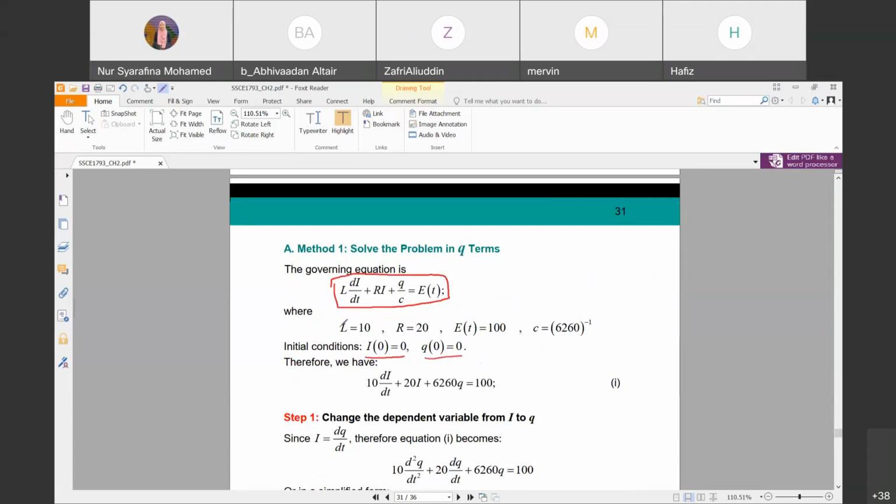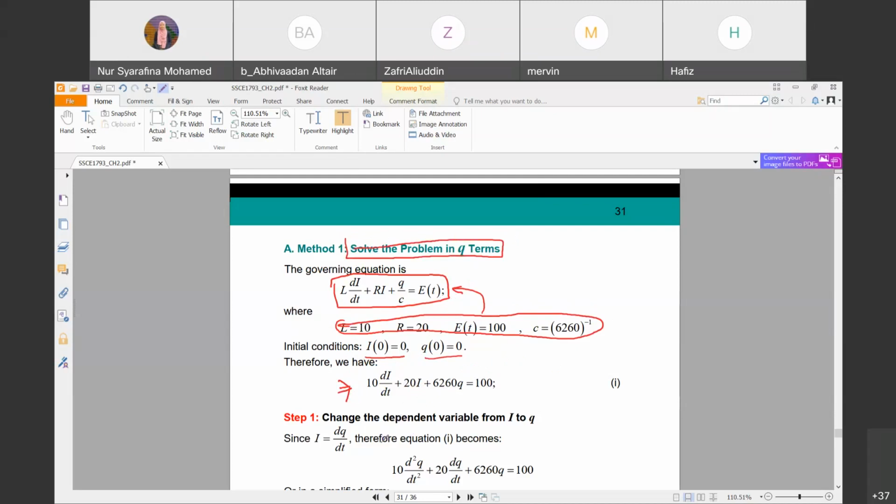Substituting all the information into the governing equation gives 10 dI/dt plus 20I plus 6260Q equals 100. Now we want to solve the problem in terms of Q.